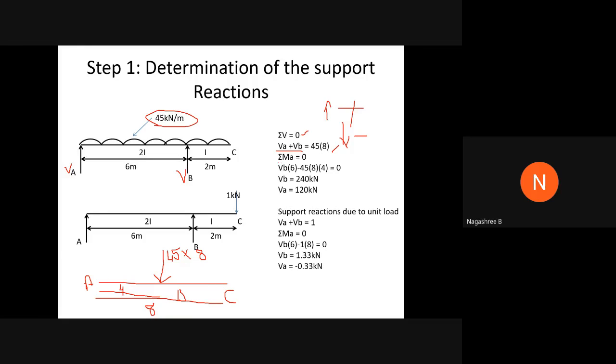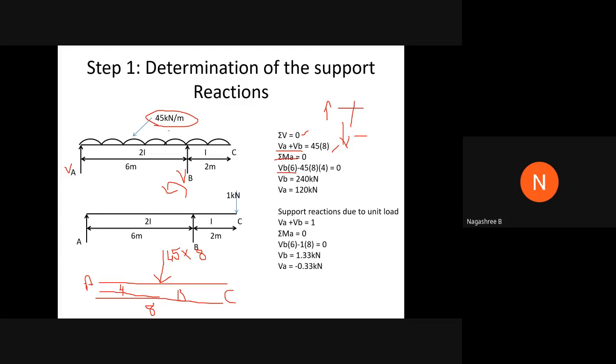Again, taking the last equilibrium condition, that is the moment about one of the supports: VB into 6 is going in the anti-clockwise direction. From the right side we are considering, so it is positive VB into 6.